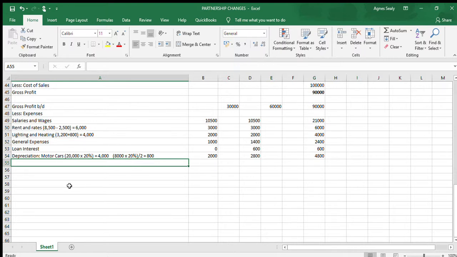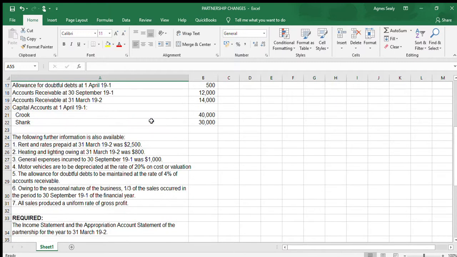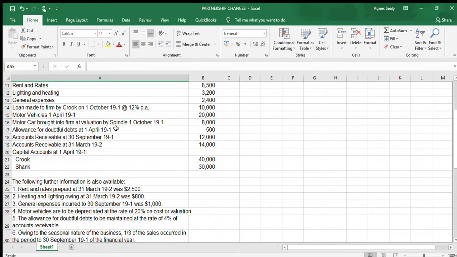So then we have the allowance for doubtful debts, and at the beginning of the year, that allowance was $500 on the allowance account. But they're telling us here in note 5 that the allowance for doubtful debts is to be maintained at the rate of 4% of receivables.